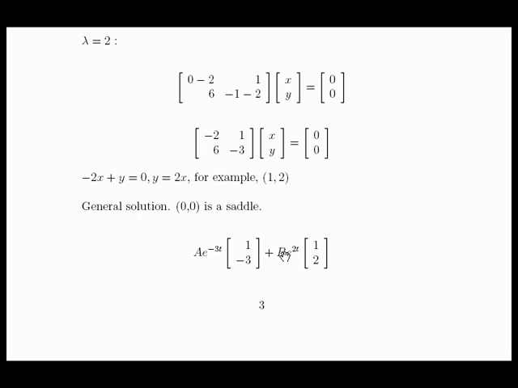Because unless B happens to be 0, in other words, unless you start with a multiple of this single vector here, if this goes to 0 and this goes to infinity, what's 0 plus infinity? It's infinity. So the positive one wins unless its coefficient is exactly 0. So a saddle technically is part source, part sink, but it's mostly source.